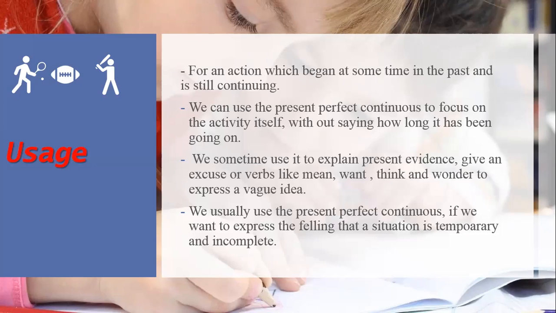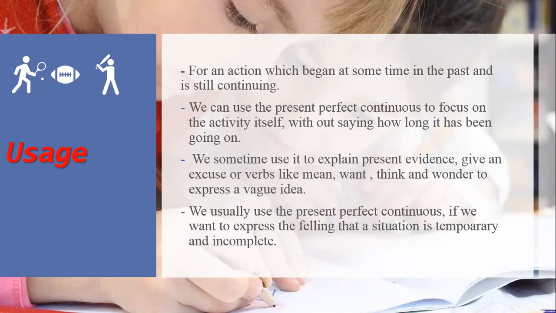It means it is still in processing. We sometimes use it to explain the present evidence of the action, evidence of the task, and to give an excuse, or with verbs like mean, want, think, wonder, to express vague ideas also.